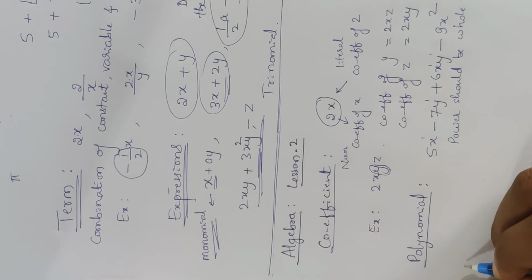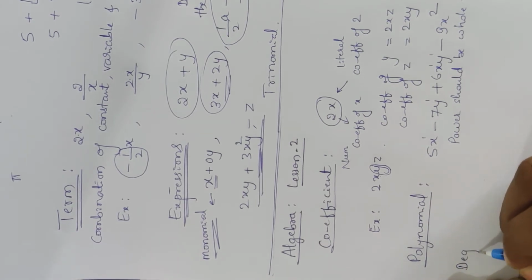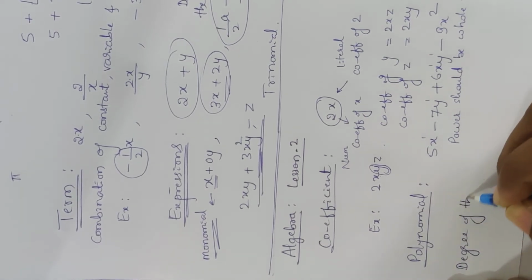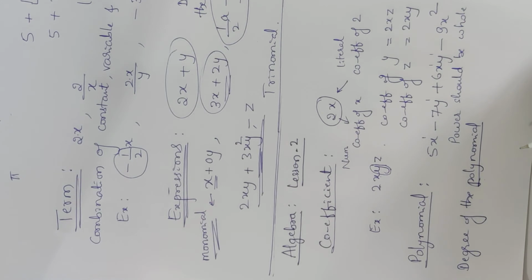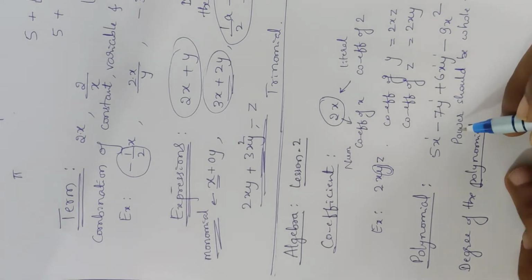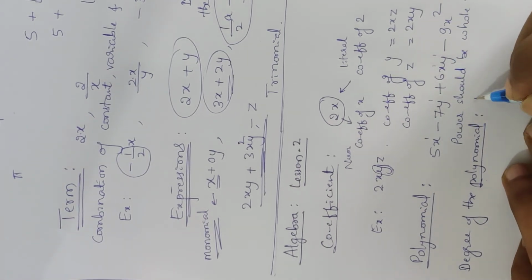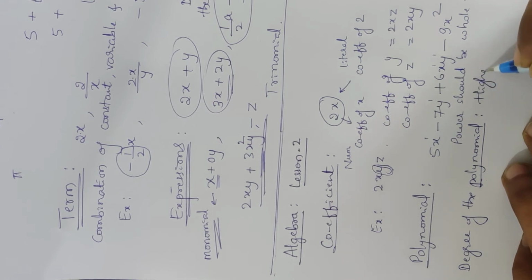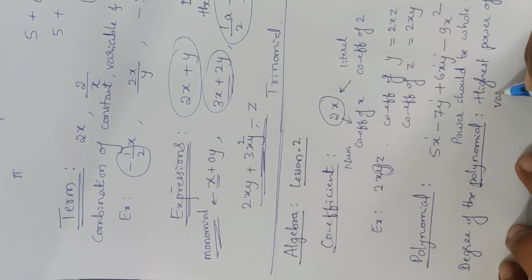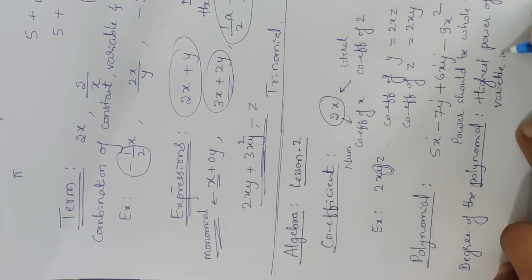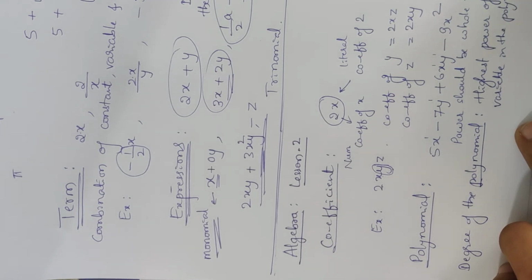After knowing about the polynomial, we have one more term to learn, that is called the degree of the polynomial. Degree of the polynomial is nothing but you are just identifying the highest power of the variable in the polynomial.